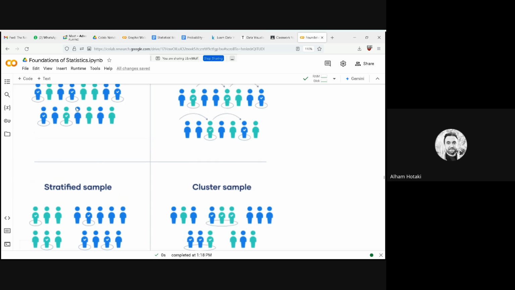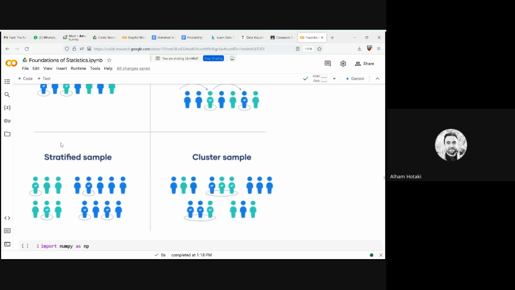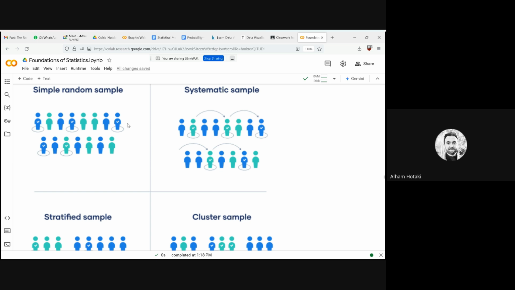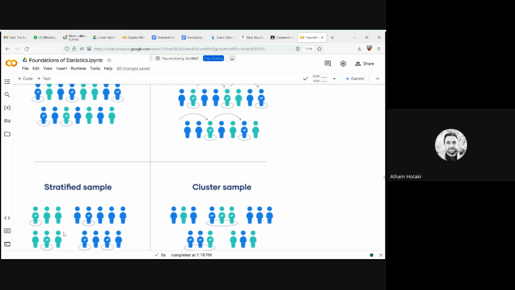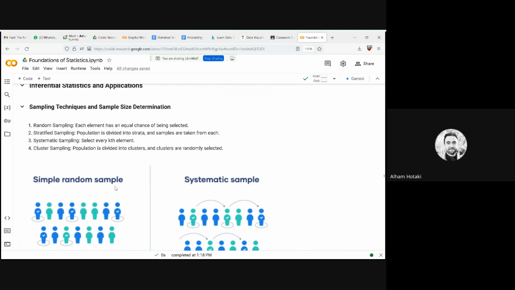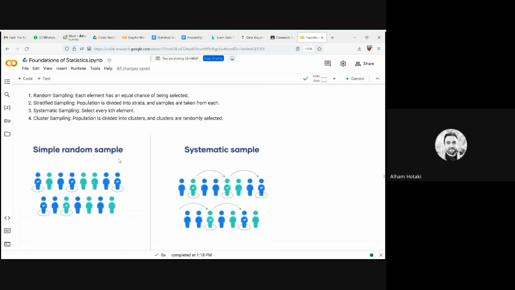Now what they have done is divided these into groups: 5 here, 3 there, then 4 blues here, 3 greens here. From each set of strata, they selected some. Here they selected two more from the blue ones. So 3 from blue and 2 from green. This is how samples are taken from each stratum, so this is how stratified sampling works.